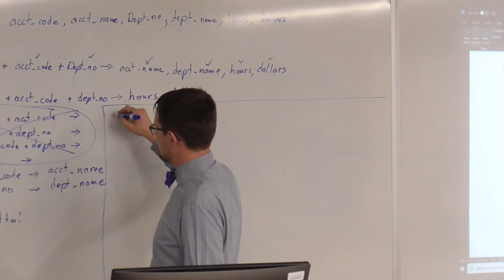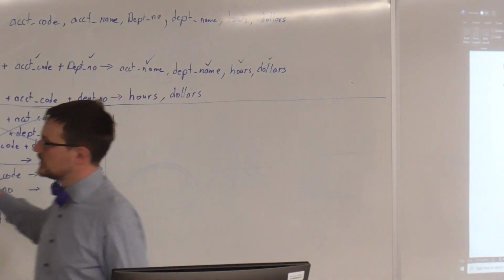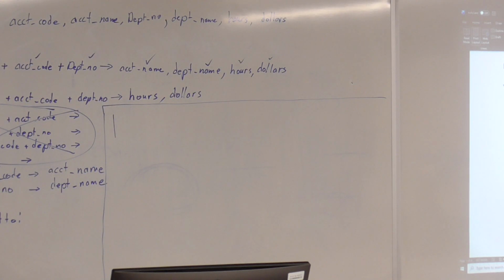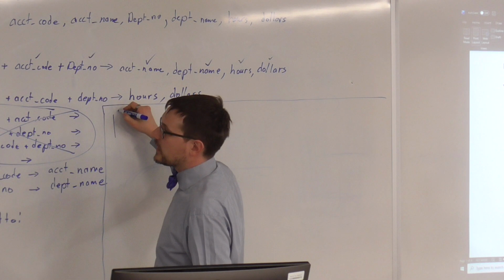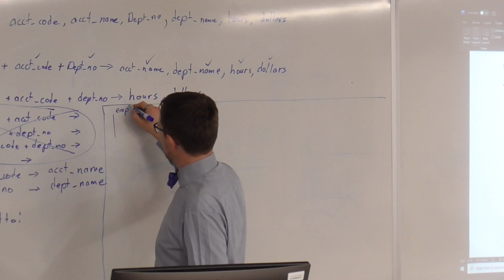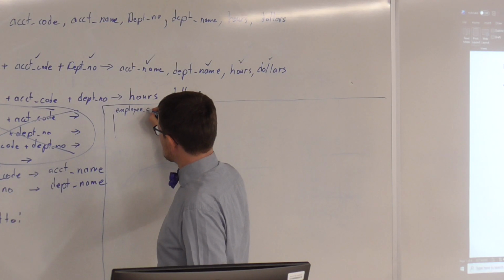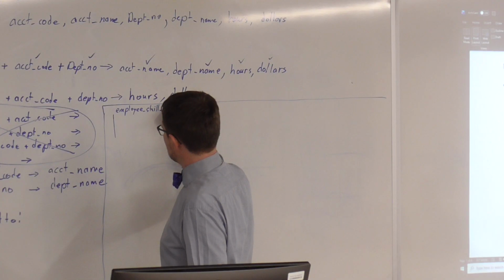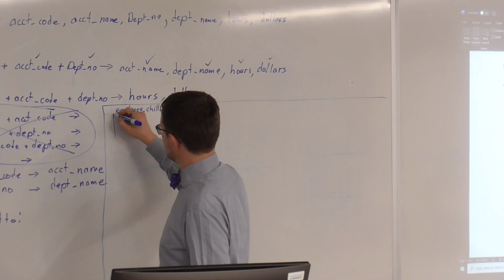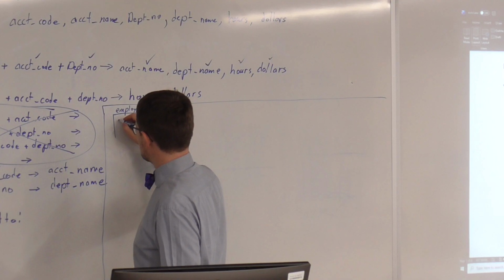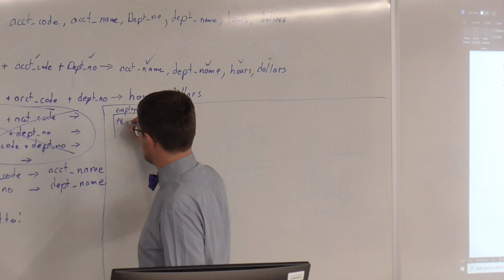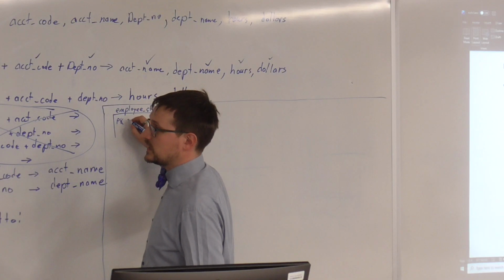Our first table will be, let's call that, employee skill lines. What do we have there? We've got skill code, which is a primary key. Is it also a foreign key?